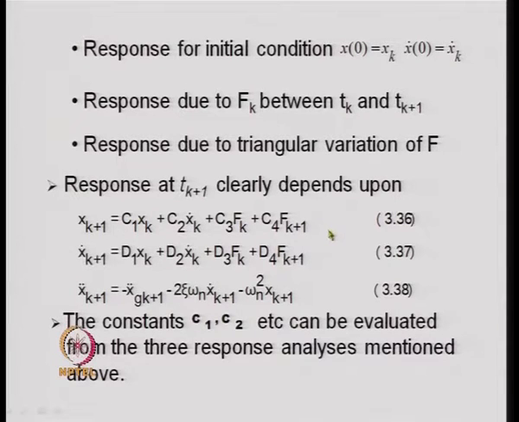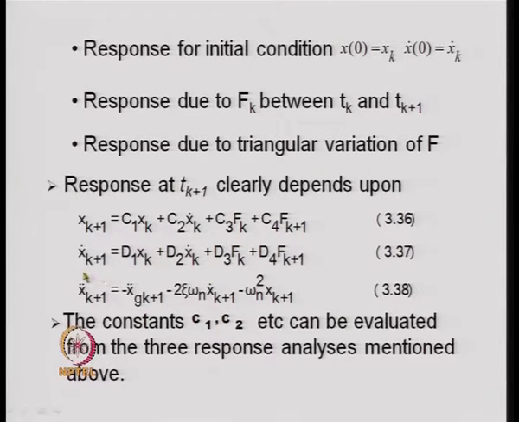So, what we can write is that xk plus 1 is equal to some constant multiplied by xk, some constant multiplied by x dot k, some constant multiplied by Fk, and some constant multiplied by Fk plus 1. Similarly, one can write x double dot k plus 1 in terms of this equation, where d1, d2, d3, d4 are the constants that are to be obtained.